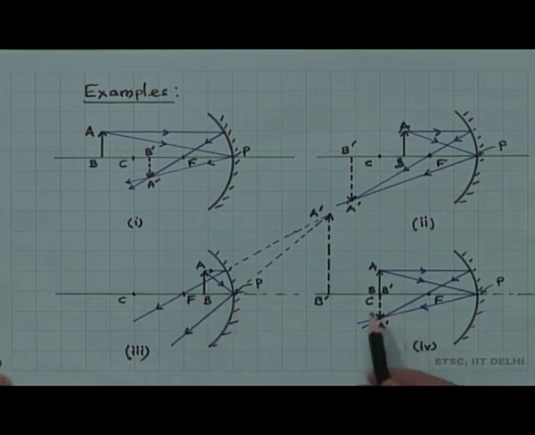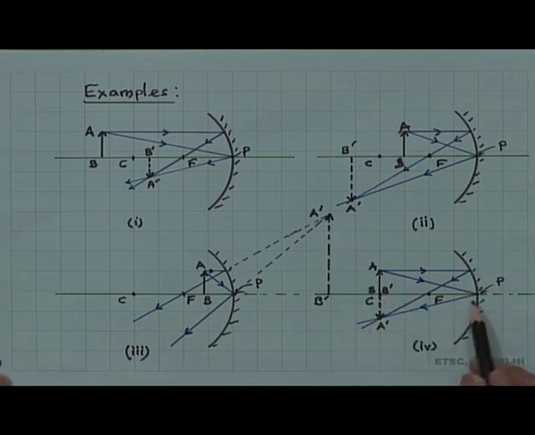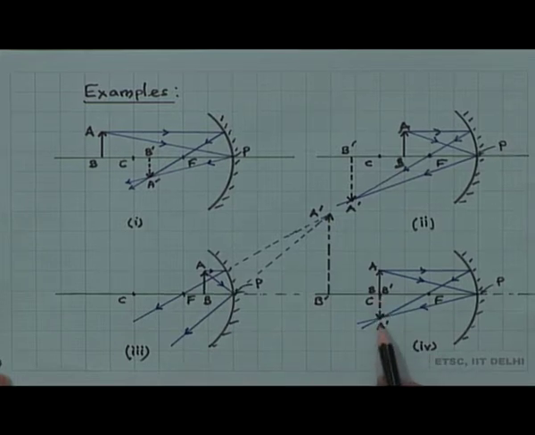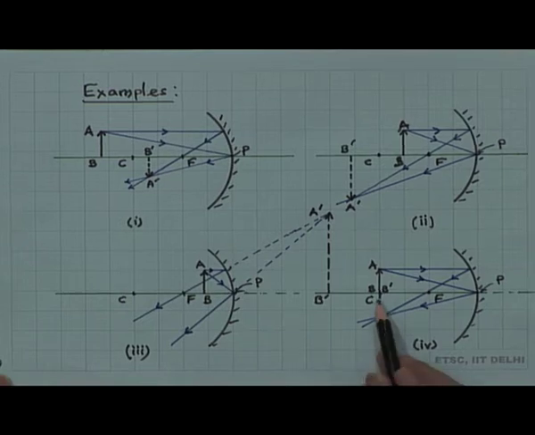A fourth case, when the object is at the center of curvature. So, AB is located here. As before, we considered the two rays and they intersect at a point, and we see that the image is formed at the same place C, but of course, now it is an inverted image.